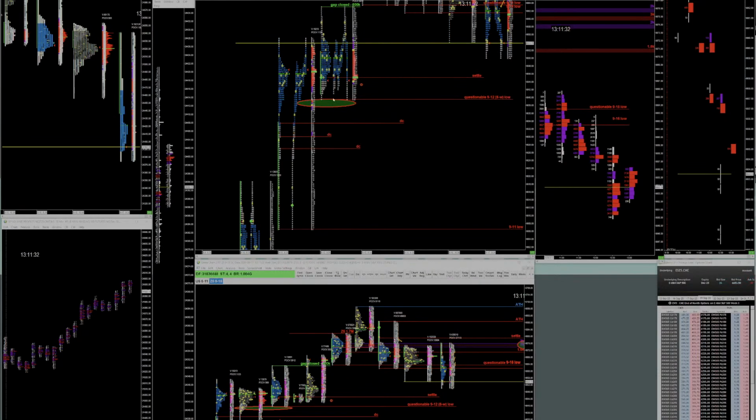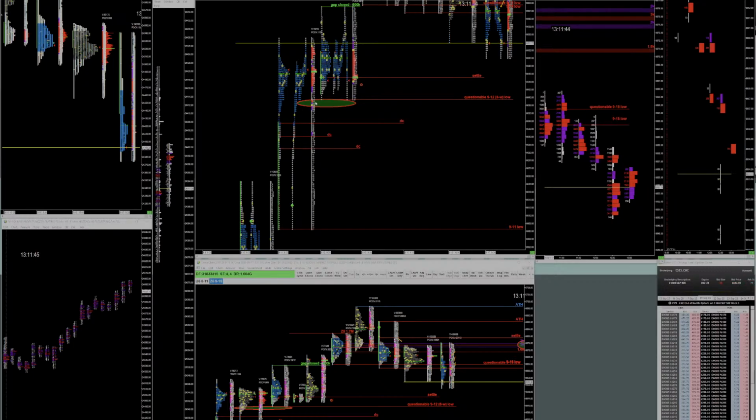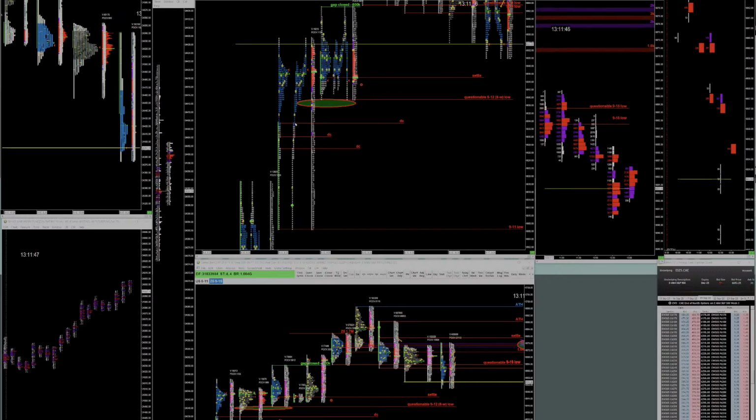Buying from this area, from this level. If I want to name that level, it's 66.40, and the stops can be placed down, can be here, and maybe even down here.